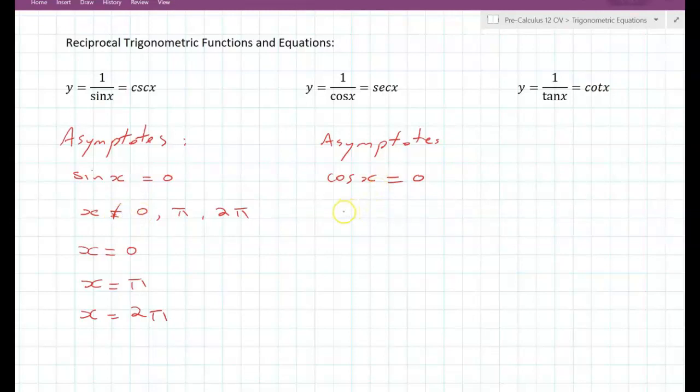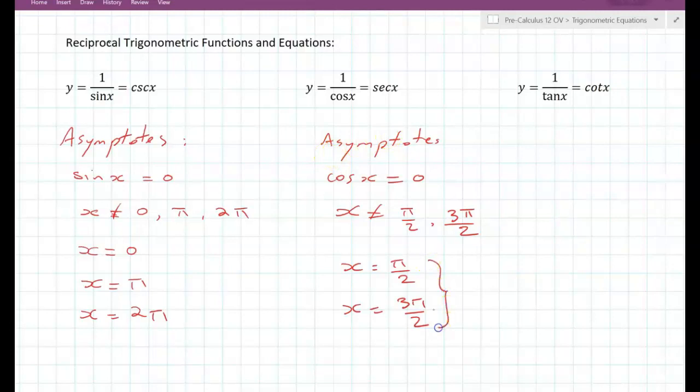In this case, x cannot be equal to pi/2 and 3 pi/2. And that means the equations of the asymptotes are x equals pi over 2 and x equals 3 pi over 2. These are the equations of the asymptotes right there.